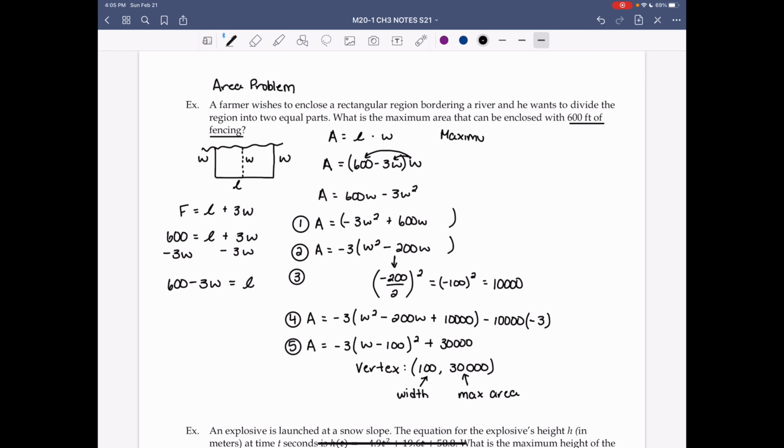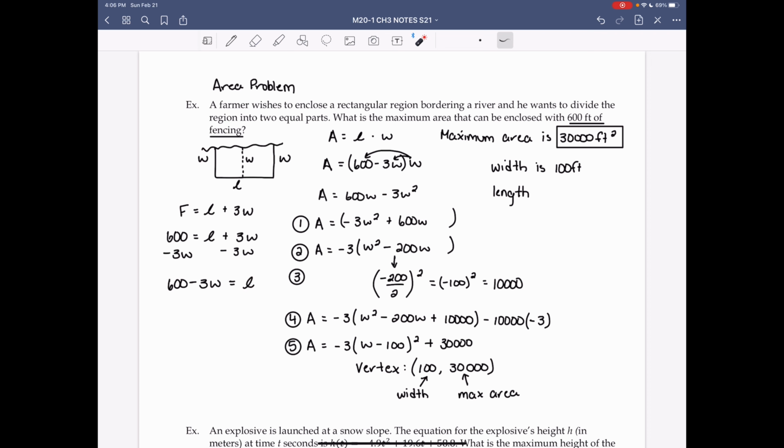Maximum area is 30,000 feet squared. And they didn't ask us for this, but let's write the dimensions of the rectangle as well. So width is 100 feet, and then length we can calculate because we have this equation here for length.